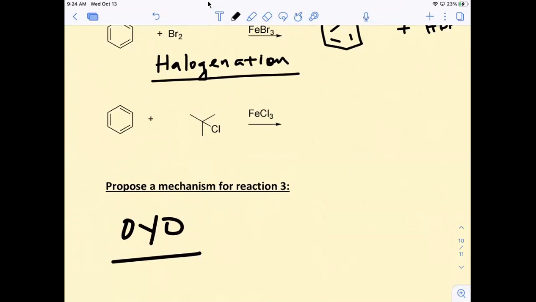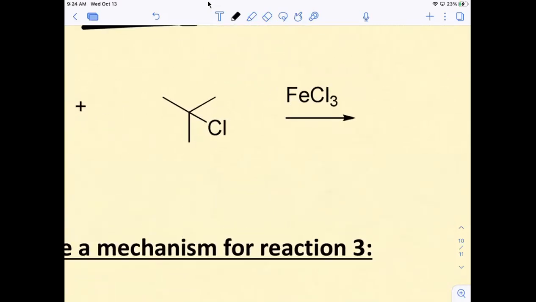All of these are electrophilic aromatic substitution. So what am I adding to the ring in this case? Is it the substituent attached to the CO? Yeah, I'm adding this group, right?